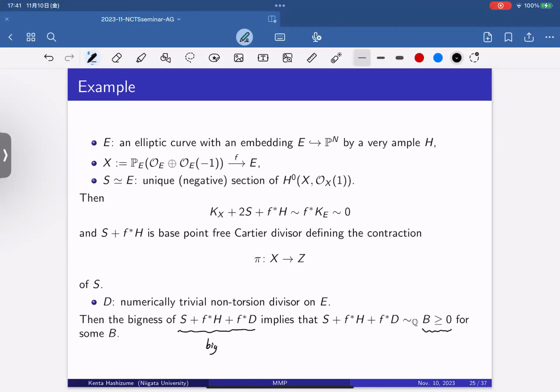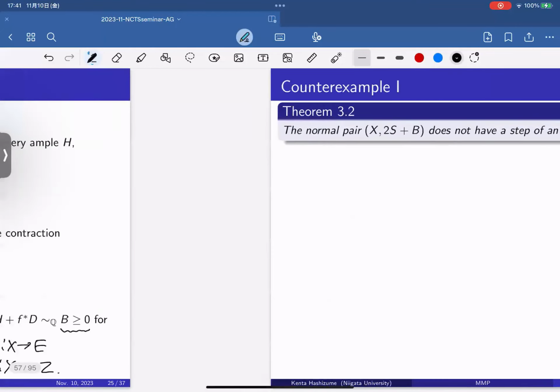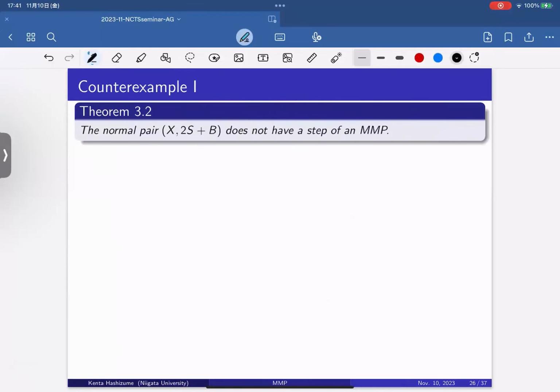So now we have X, S, and B, and f: X to E, and pi: X to Z. Okay, now I construct the counterexample to the previous three statements.